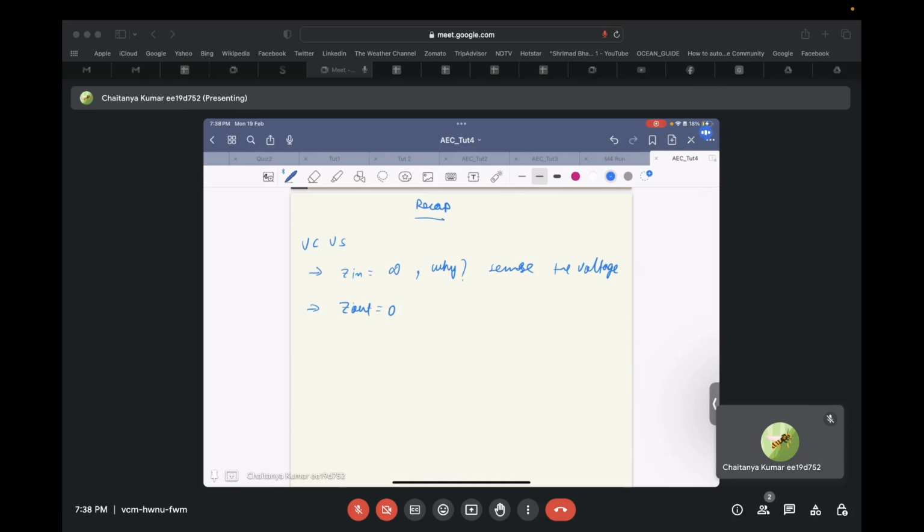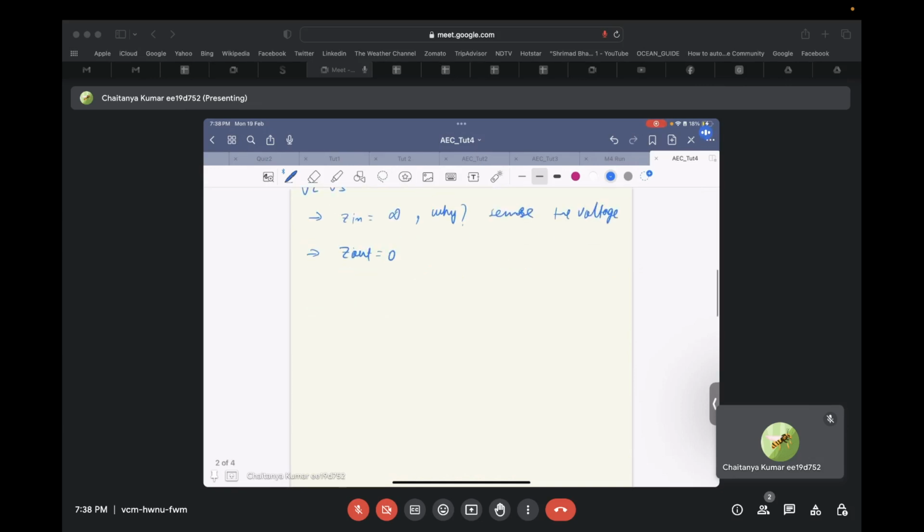So we found out, with the help of the standard feedback operation, that the common drain amplifier meets this criteria. The small signal model for the common drain amplifier is this.